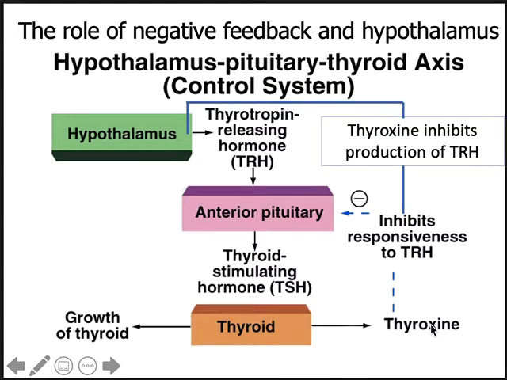And then you're getting more and more thyroxine, and you don't want that. If you already have a lot of thyroxine, you don't want to make more. So by inhibiting the anterior pituitary as well, you get a more immediate shutdown, right? You get an immediate slowdown of thyroxine being released.